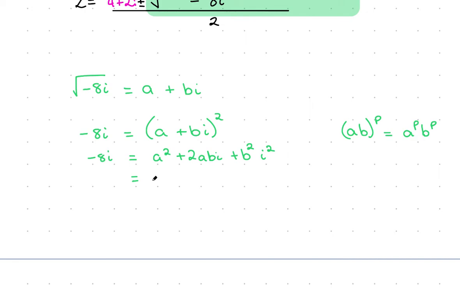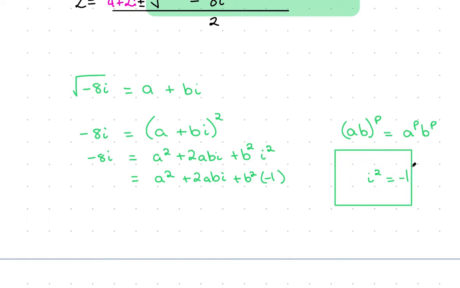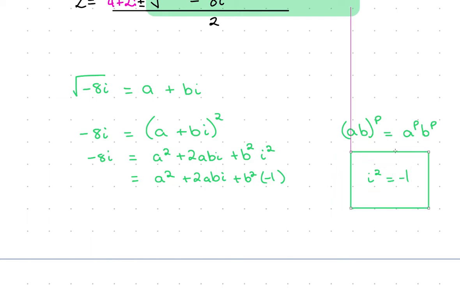If I then tidy that out even more, I'm going to have this scenario: A squared plus 2ABi plus B squared, and what we said we know about i squared is that it is minus 1. So that's minus 1. I've just replaced i squared with minus 1 in that scenario. So that's what we have done there for ourselves.